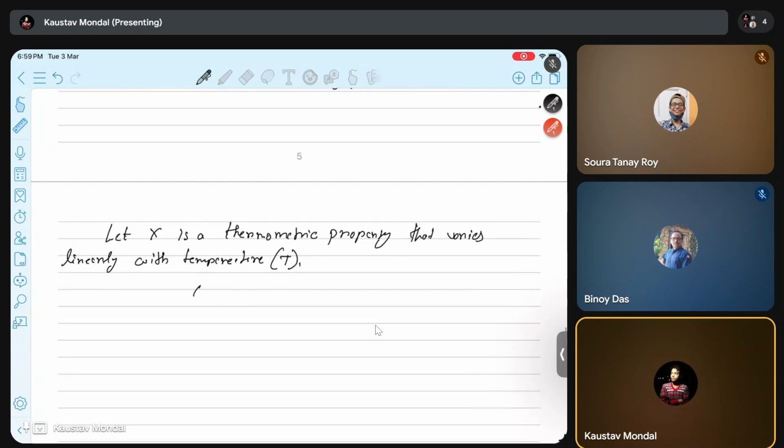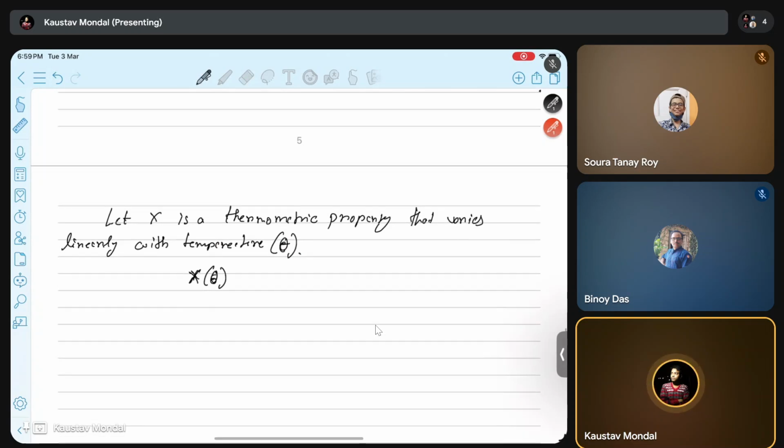X would be a function of theta, where theta is the temperature. Instead of T, let's write it as theta. Since it's a linear property with respect to theta, you can write X(theta) = a theta + b.